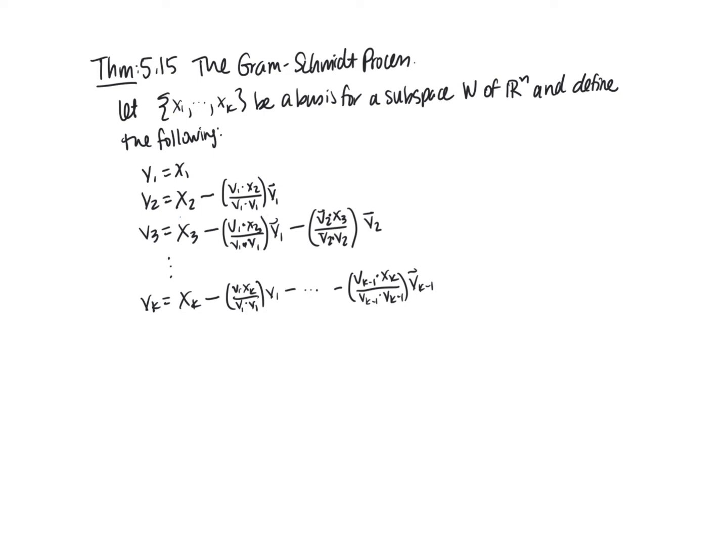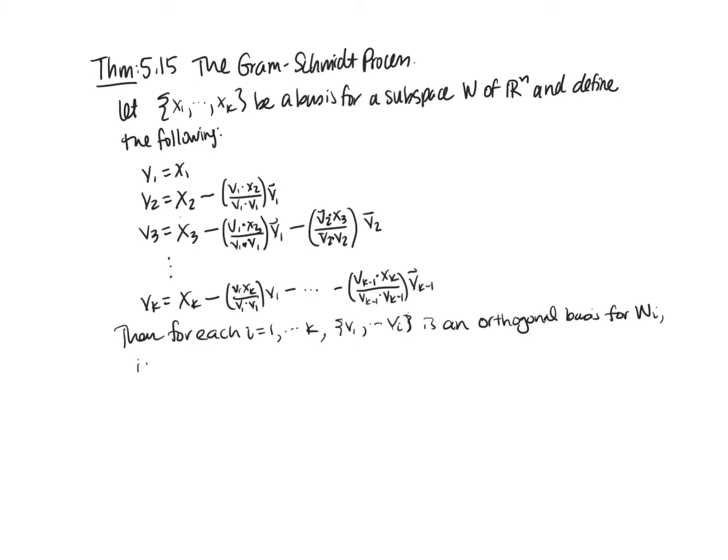So as you can see, you're just going to take that vector and subtract off the parts that are in the direction of all the other vectors, and then what's left over will be orthogonal to the rest of the set. So then, for each i equal 1 through k, we have that V1 through Vi is an orthogonal basis for Wi.